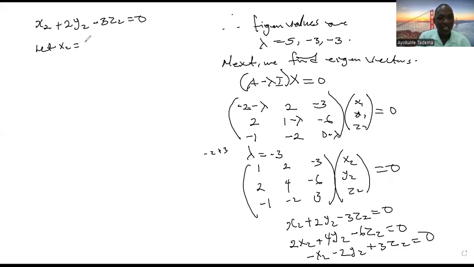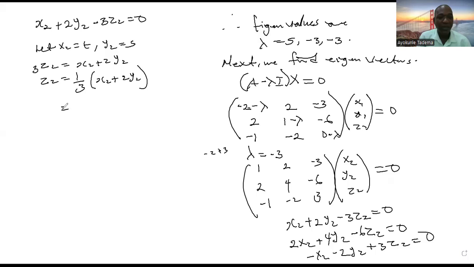t, and y2 be x. Okay, with this now, what is going to be z2? Z2 is going to be x2 plus 2y2. Okay, this is 3z2. So z2 now is going to be 1 over 3 into x2 plus 2y2.